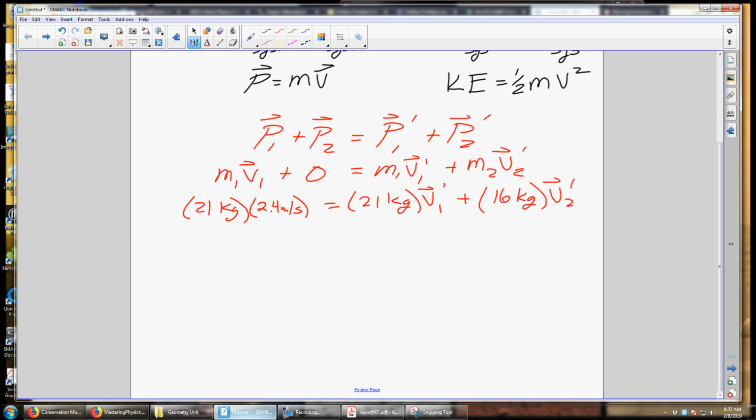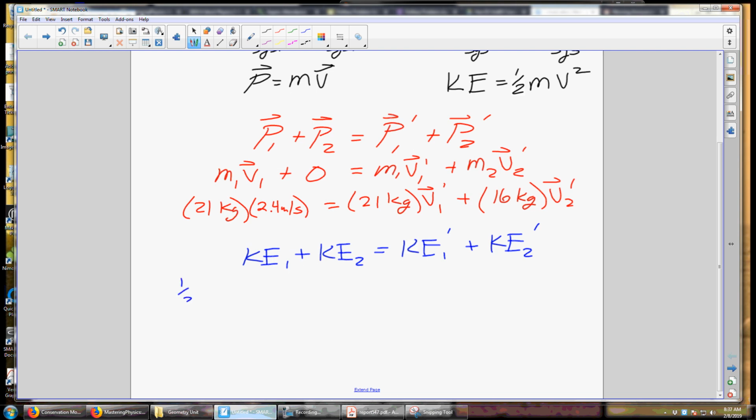So now I'm going to drop into kinetic energy. And so KE1 plus KE2 will equal KE1 prime plus KE2 prime. So total kinetic energy before equals the total kinetic energy after.